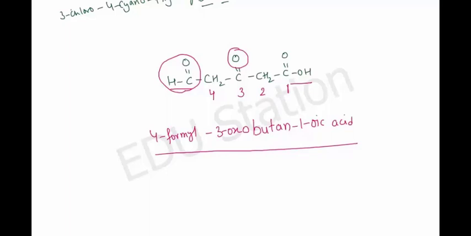Now we come to acid derivatives. They are called acid derivatives because they are derived from acid. So you have C double bond O, OH acid. Instead of this, if you have Cl, it becomes acid chloride or acyl chloride.